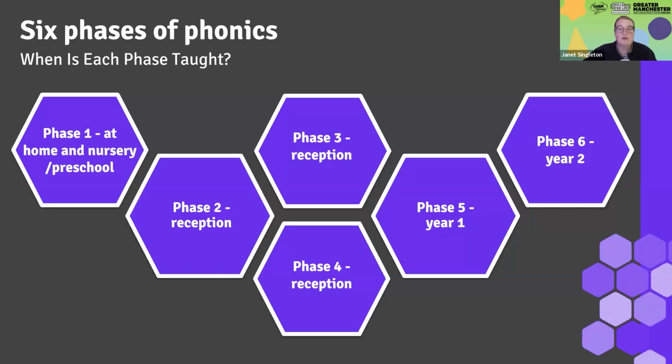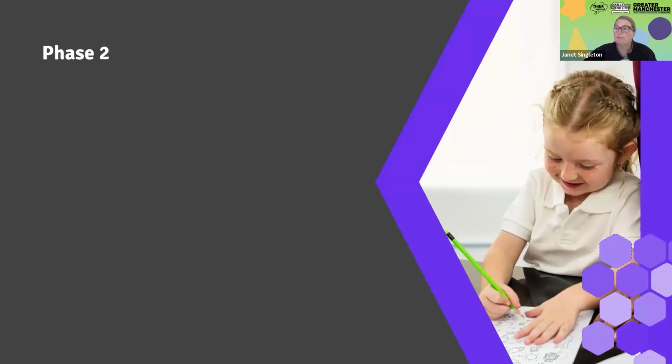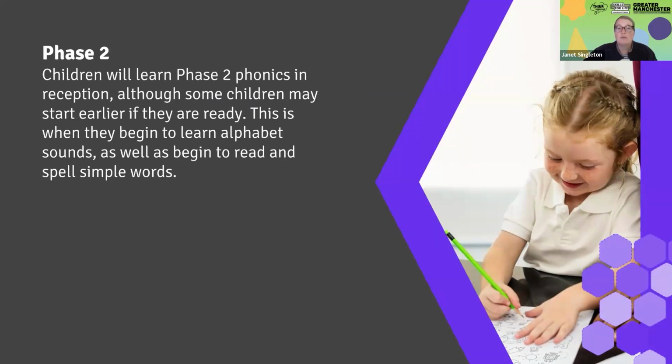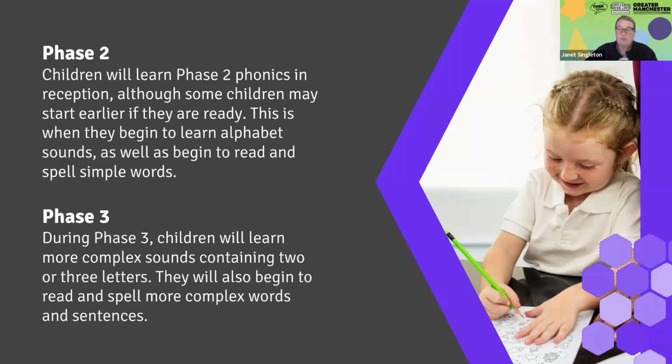So just to go into those phases in a little bit more detail. So with phase 2, and then I'll put phase 3 on. Children will learn phase 2 phonics in reception, although, as I said, some children may start this particular phase earlier if they are ready to do so.